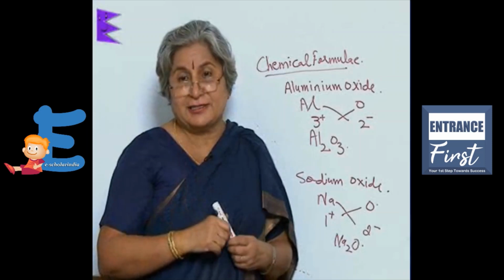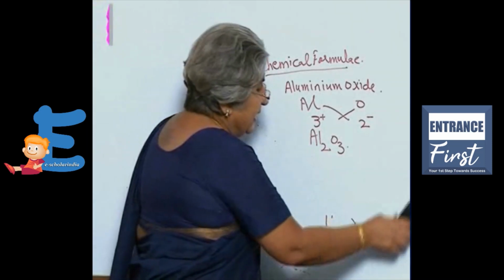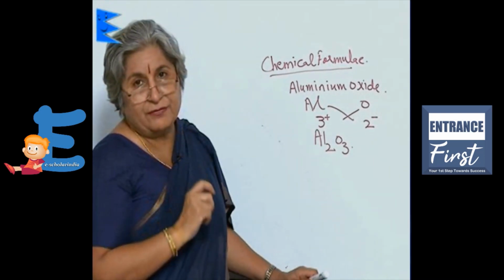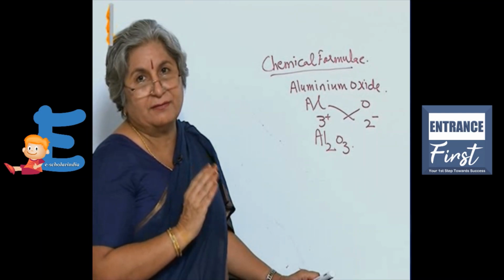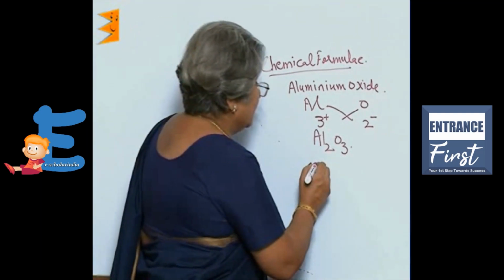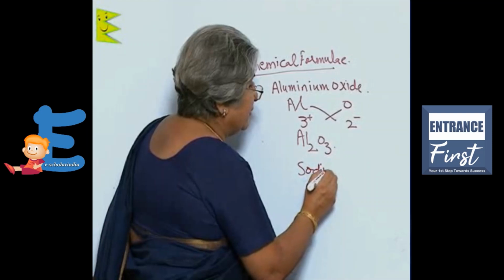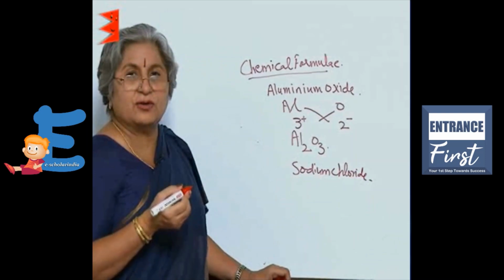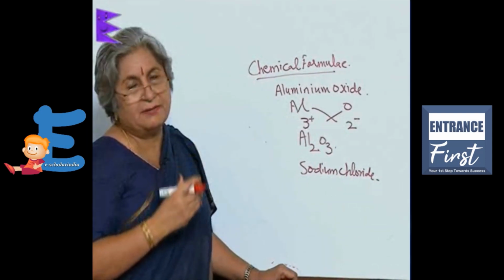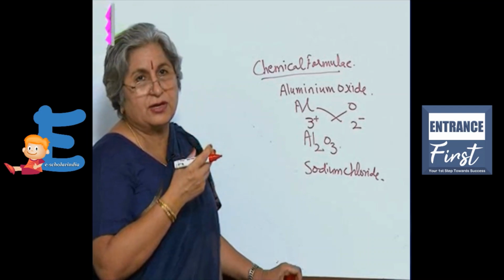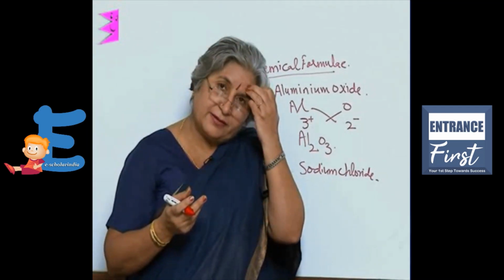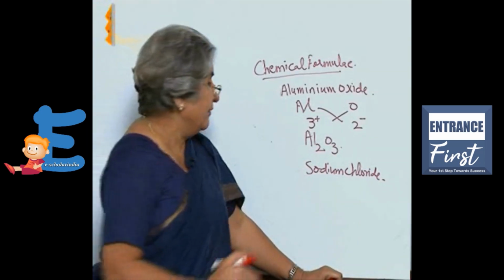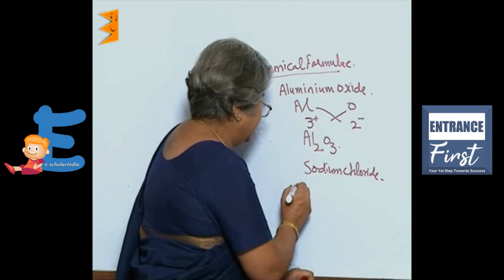But for this also there is a pattern. For example, if a metal and non-metal have combined together, then the name of the compound will always start with the metal. For example, if it is sodium chloride, why do we say sodium chloride? Why can't we say chlorine sodium? Because we have set a method. Otherwise somebody will say chlorine sodium, somebody will say sodium carbonate. So the method is, when the combination is of metal and non-metal, we first write the metal.